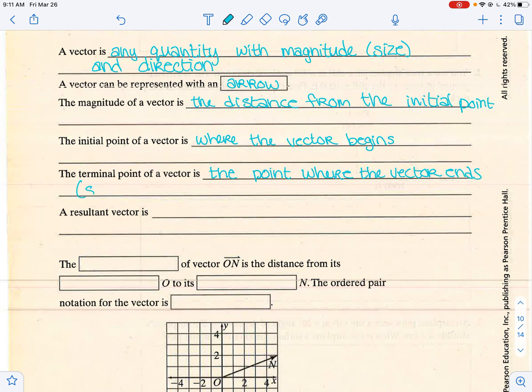And this is usually the side with the arrow. Okay, and a resultant vector is our final vocabulary term. A resultant vector is the sum of two vectors.